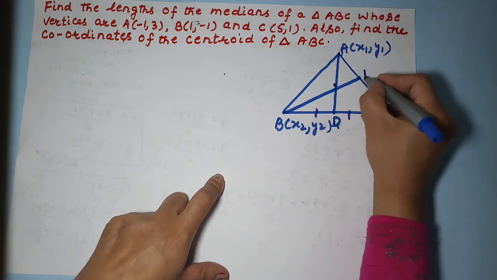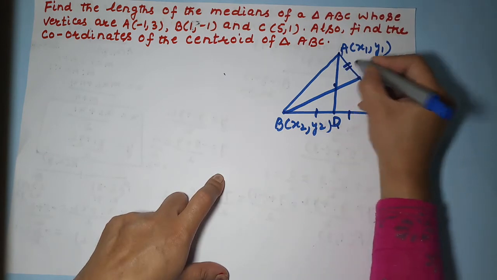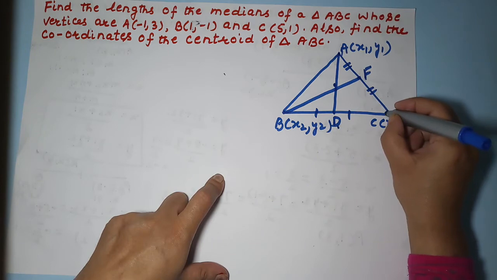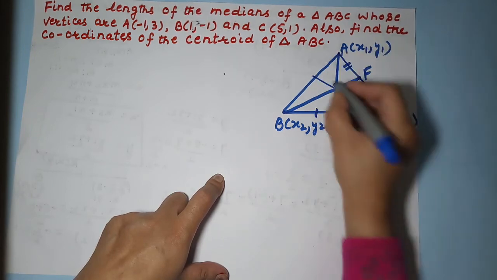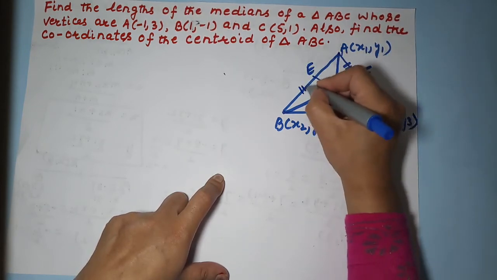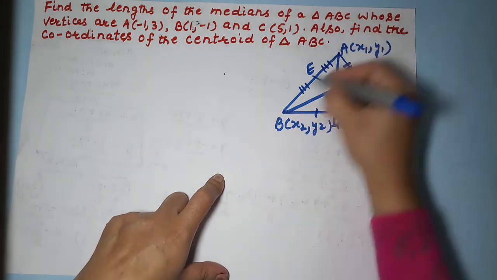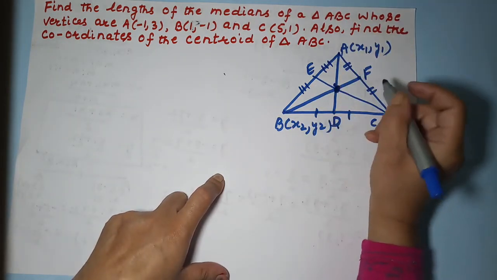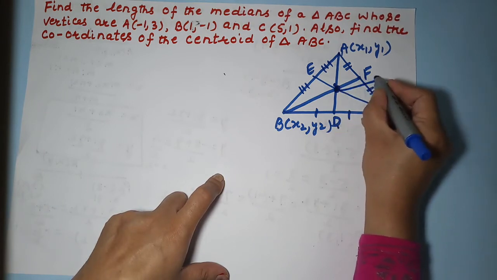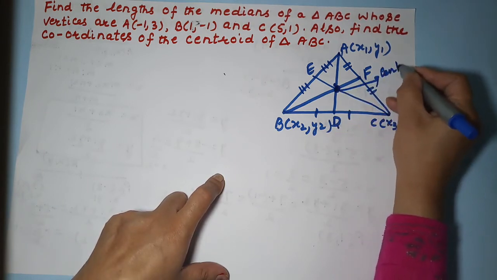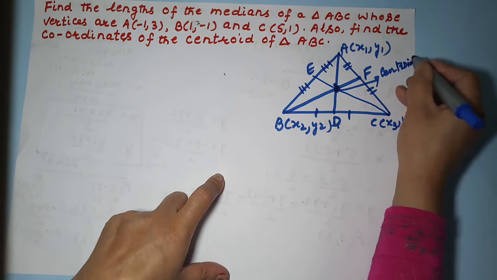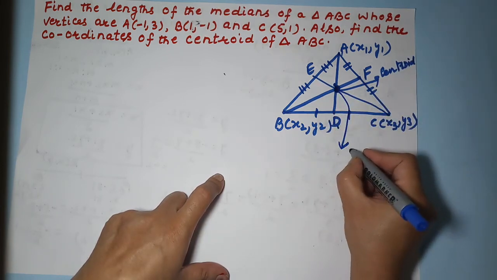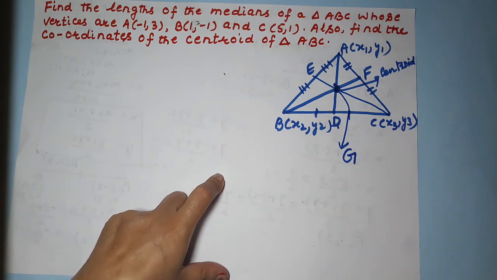Similarly, BF is the median because it divides this into two equal parts, and CE is also the median. It divides this side into two equal parts. So the point where all the medians meet is called the centroid, right? So what is the centroid of a triangle? The point where all the medians of a triangle meet, and it's generally denoted by capital G.